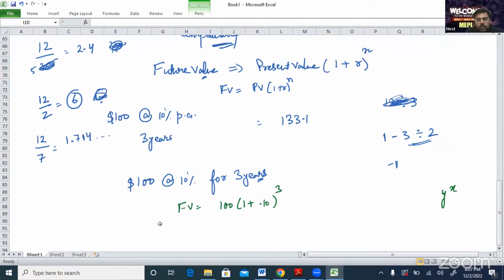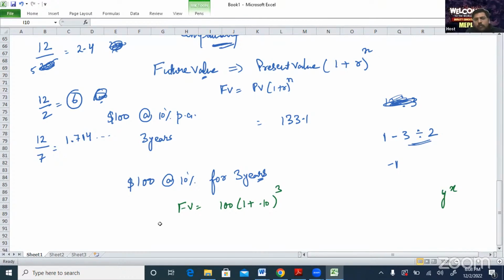Okay, let me repeat it. That is 100 multiplied by bracket start 1 plus 0.10 bracket close. Then for raised to the power we have a key, y raised to the power x, then 3, and then press equals to.